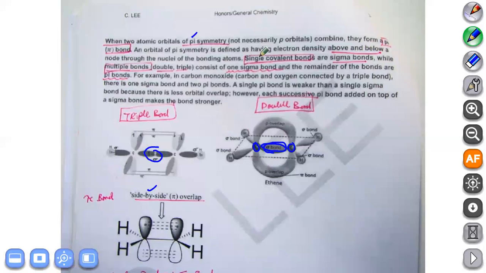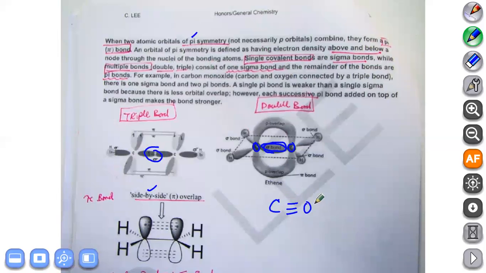Okay, let's read that one more time. So single covalent bonds are sigma bonds, while the multiple bonds, meaning double and triple, consist of the first one being the sigma bond, then the remainder of the bonds being pi bonds. For example, carbon monoxide, carbon and oxygen connected by a triple bond, so they would be like this.